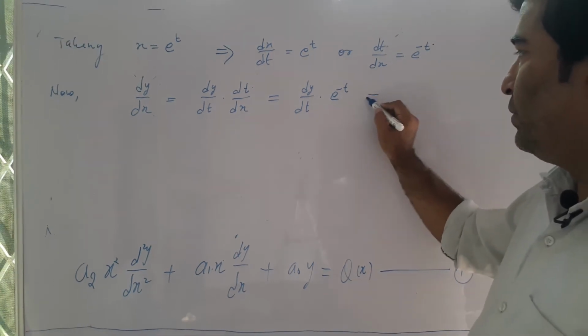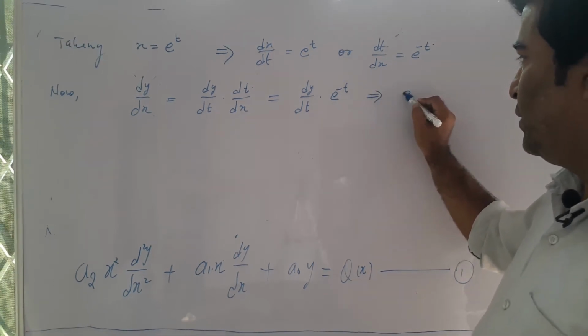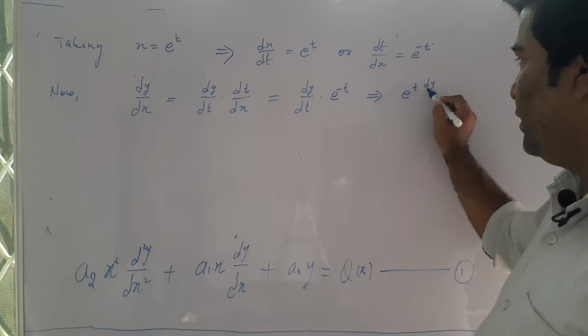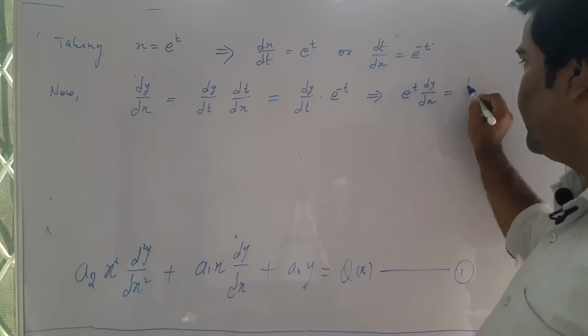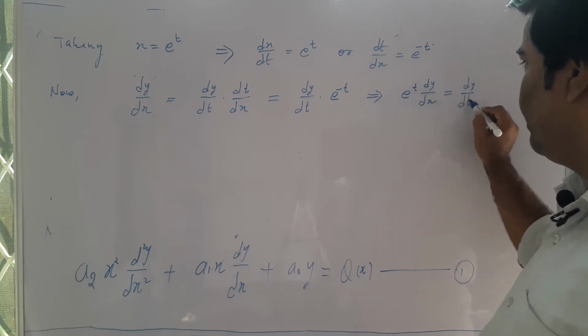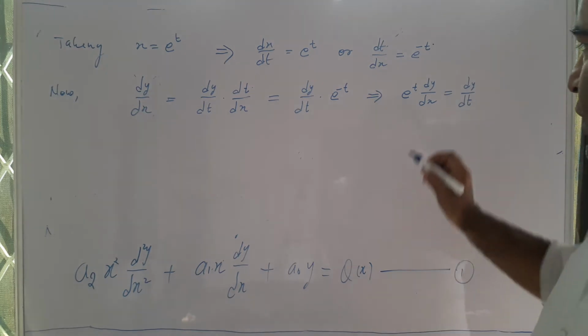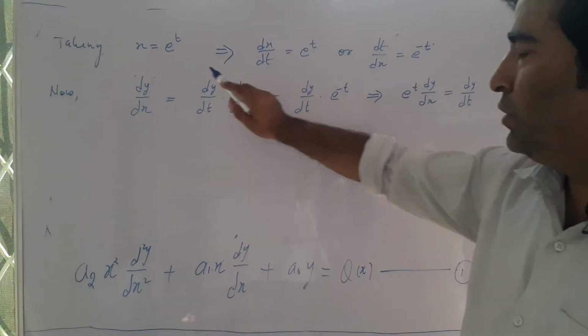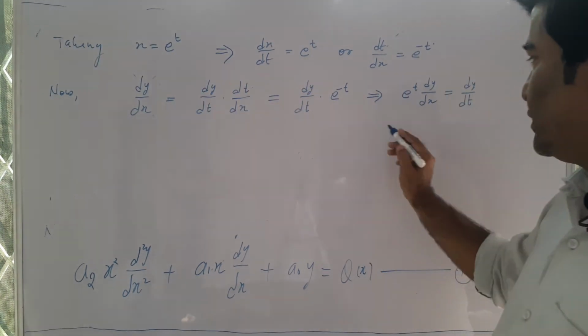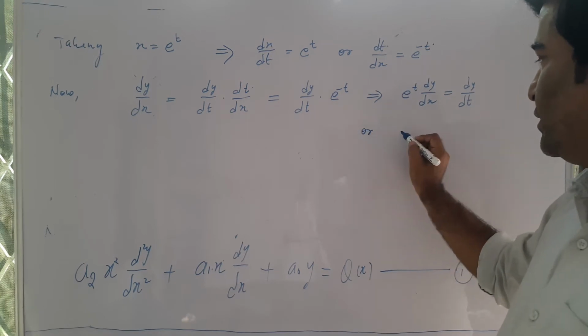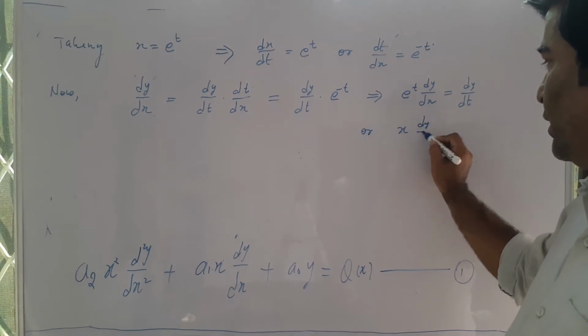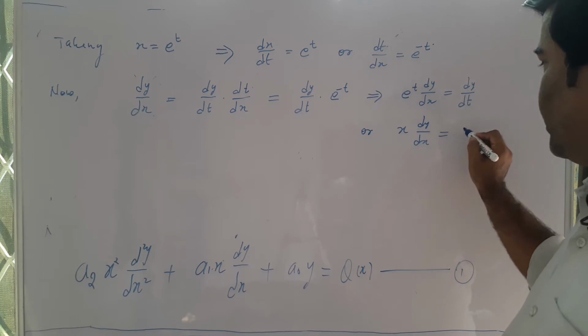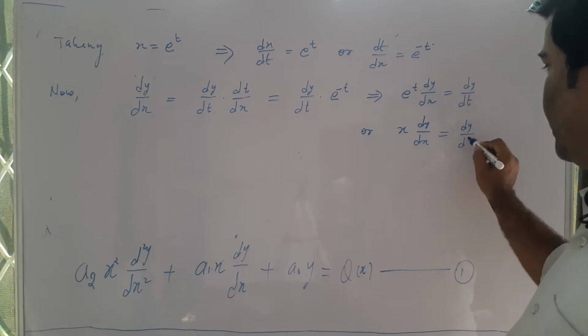So from here we can say that e to the power t dy over dx is equal to dy over dt, and here the value of e to the power t is x, or this is x dy over dx is equal to dy over dt.